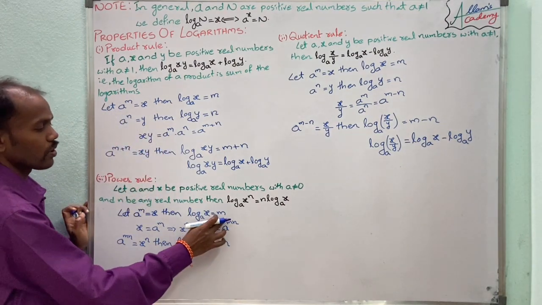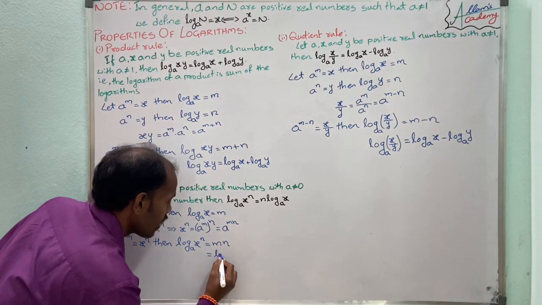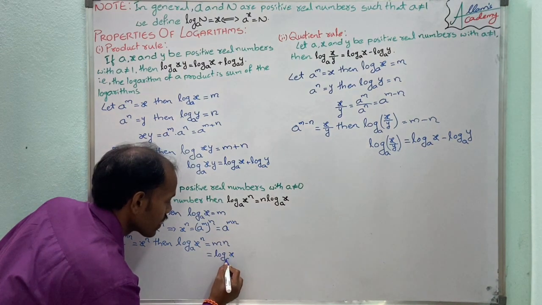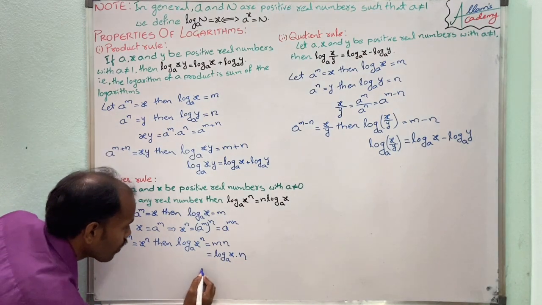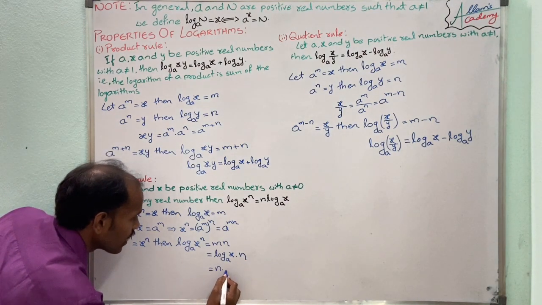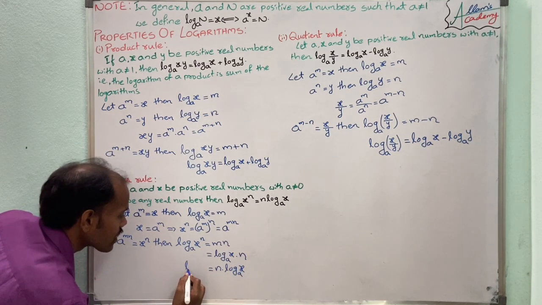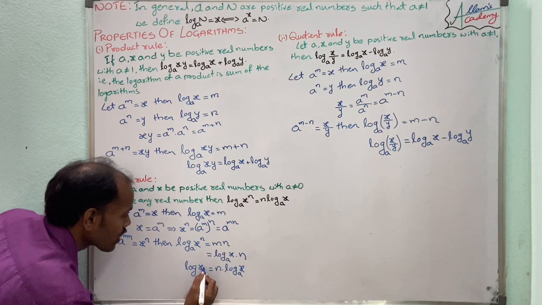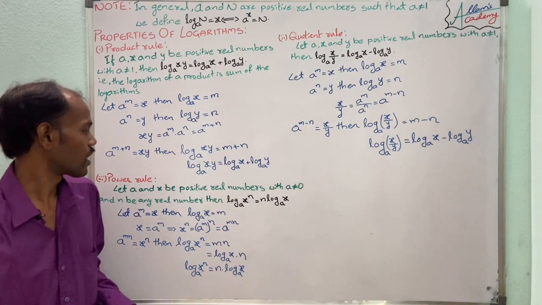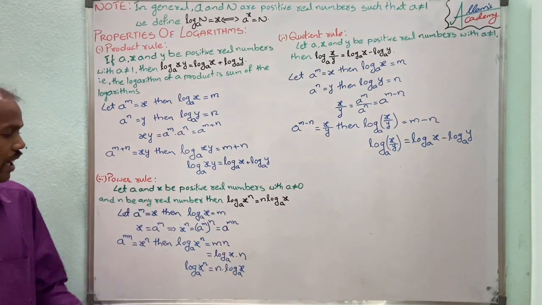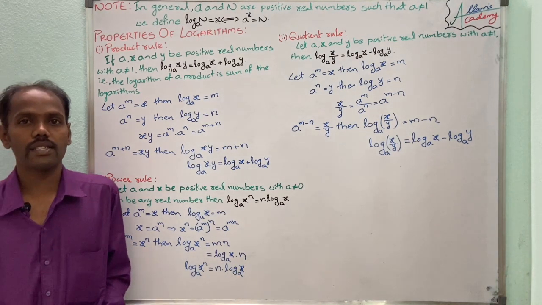So here we know that m equals log x base a, so we write log x base a into n. This multiplication is the same as n into log x base a, which is the result for log x power n base a. So it is the power rule: log x power n base a equals n into log x base a.